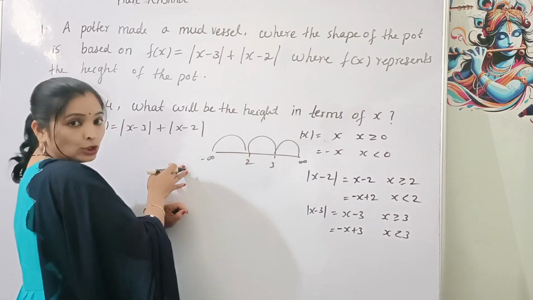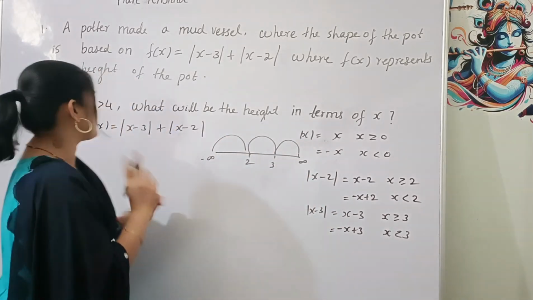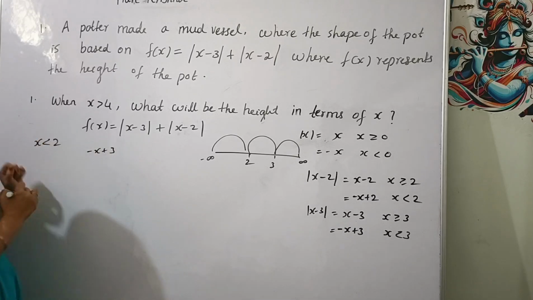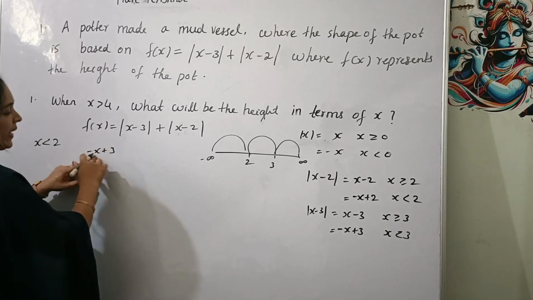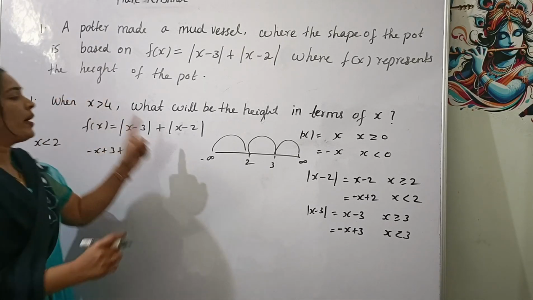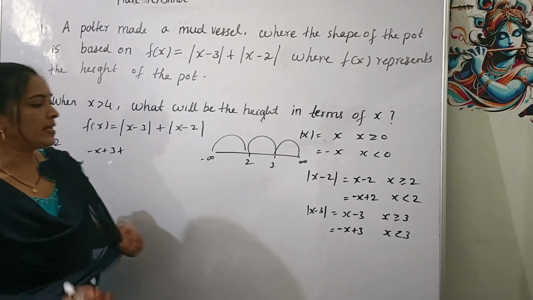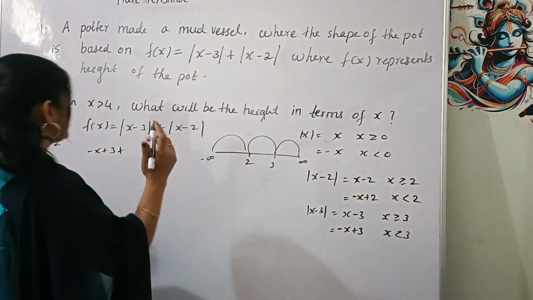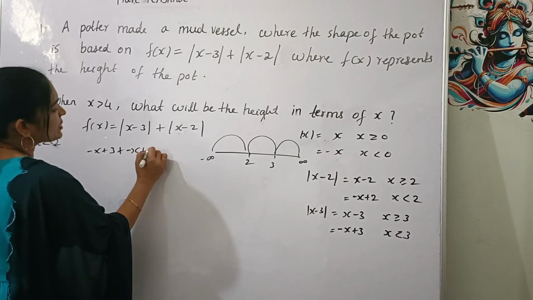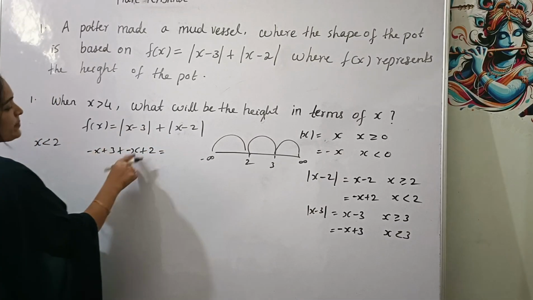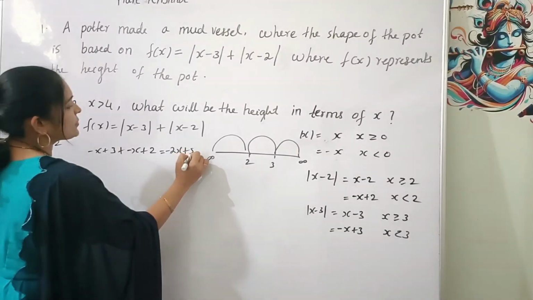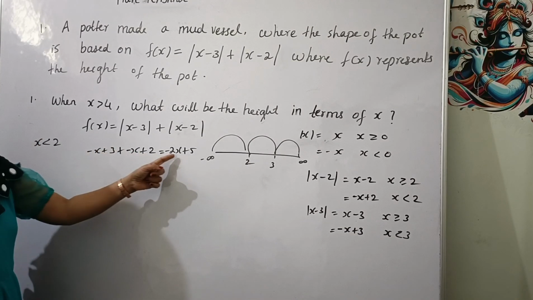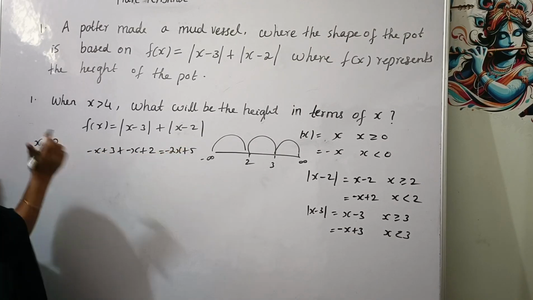So f(x) = -x + 3 plus, what about |x - 2|? When x is less than 2, it is minus x plus 2. That is minus x minus x, minus 2x plus 5. So when x is less than 2, f(x) = -2x + 5.